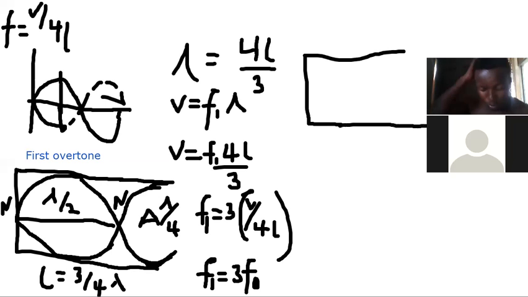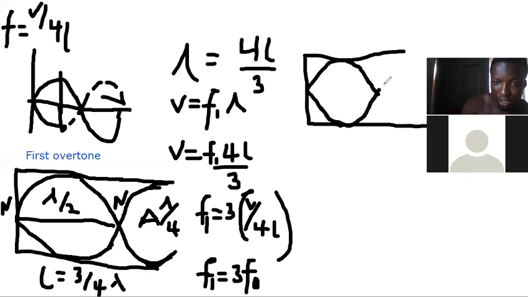So if we have this, the second one will be something like this. We are going to get node, node, node, then antinode.